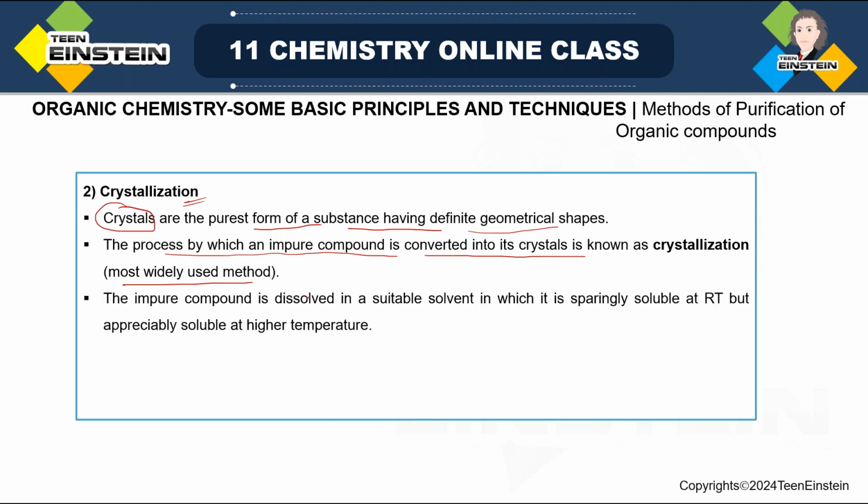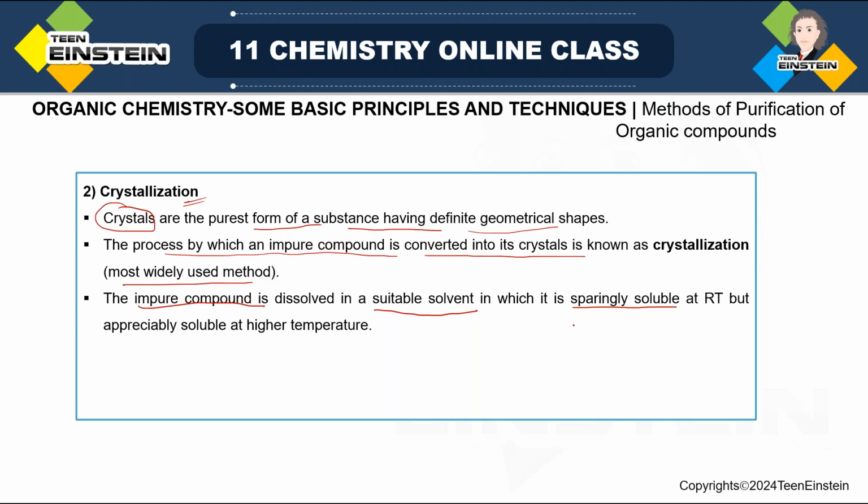Okay. So the impure compound is first dissolved in some suitable solvent. When I say suitable solvent, there are different ways we can choose which solvent is perfect, and we'll discuss this under the heading of selection of solvent. But here we are just using the term suitable solvent, in which we will take this impure organic compound first. And remember, when we are dissolving it, it should not be very soluble at room temperature.